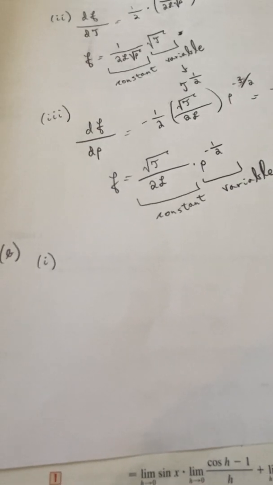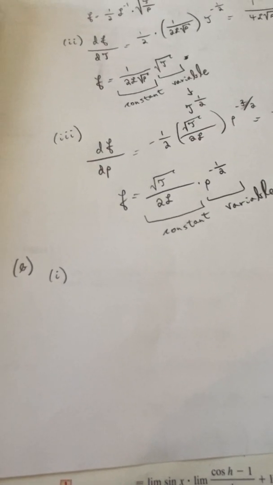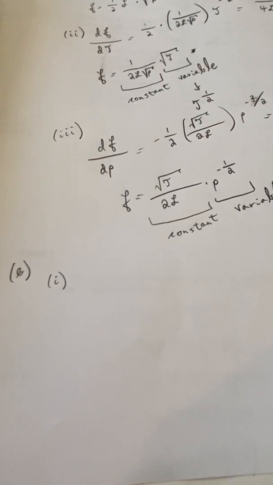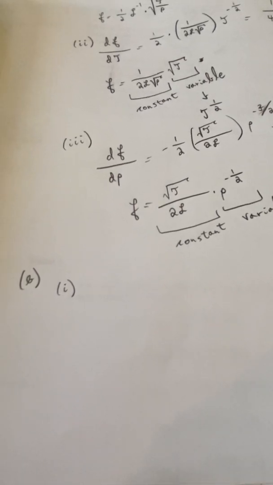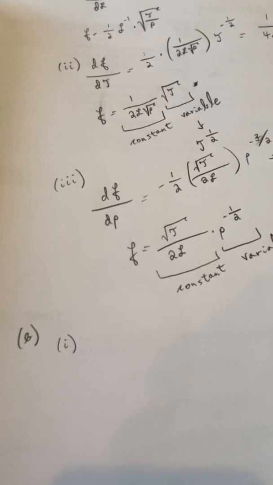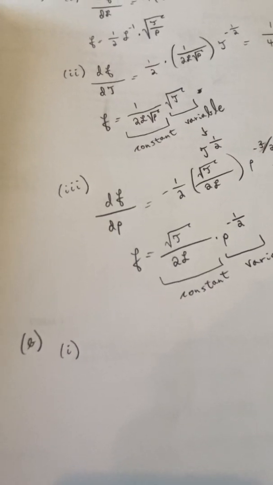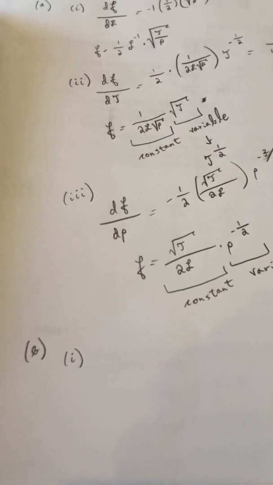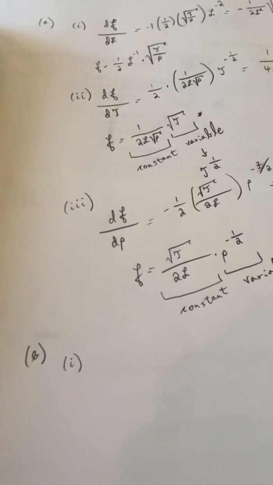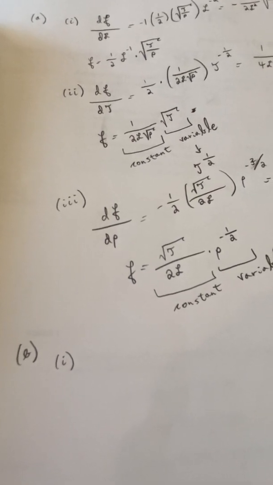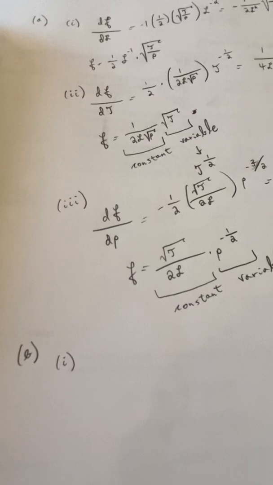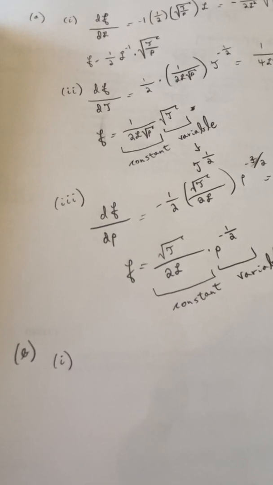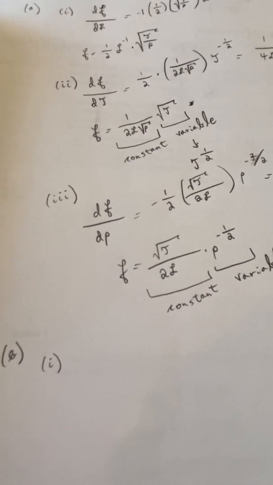Okay, so in this case, we're shortening the string by fretting it effectively. So we want to know if reducing the length of the string is going to increase the pitch or decrease the pitch, basically.